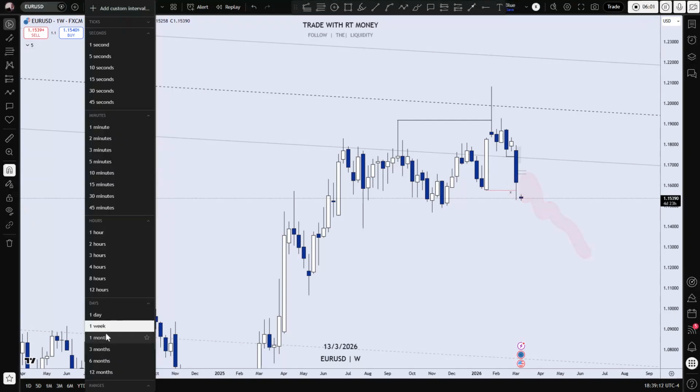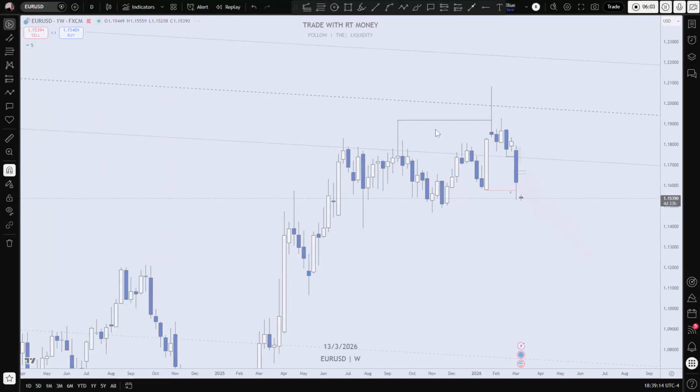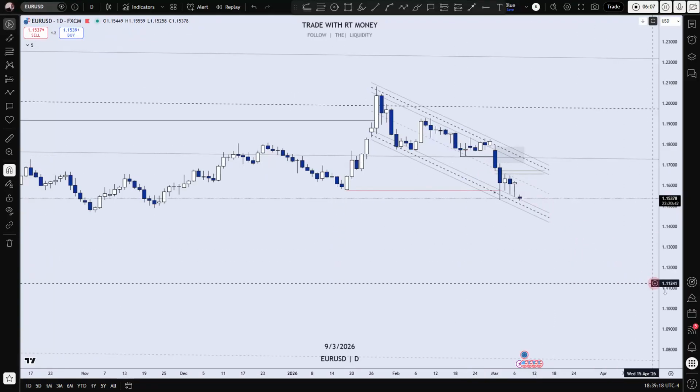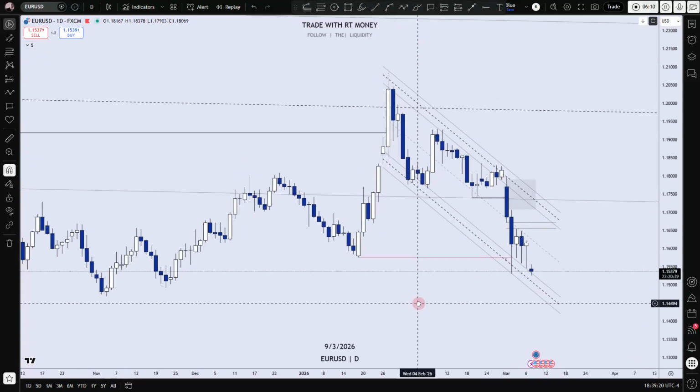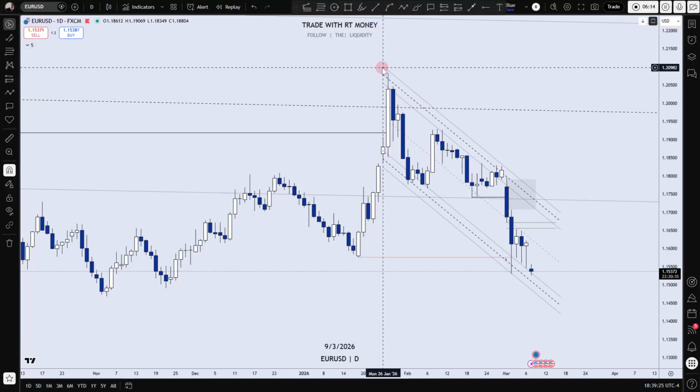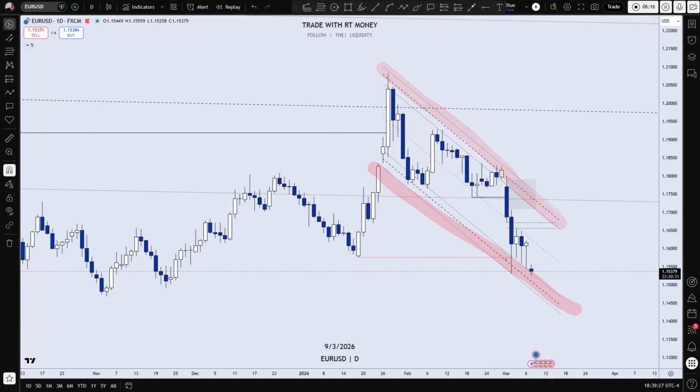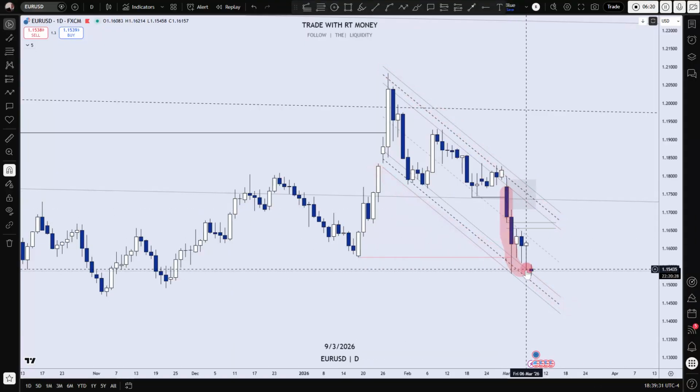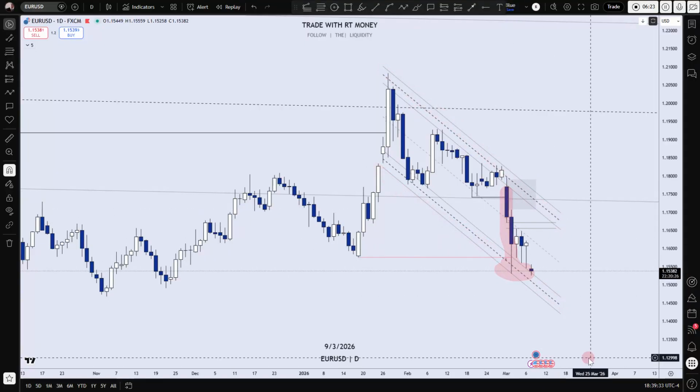Let's look at the daily, and get some more detail. Now we have the daily time frame, not the big picture, but the daily. We have another channel, a descending channel, and you can see the market is at that descending channel's support line there.